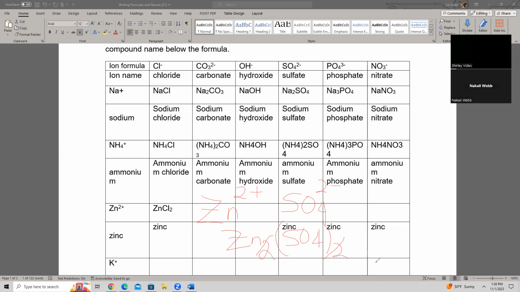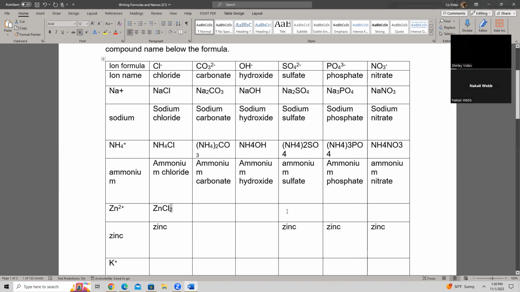So you can either do it this way. I like to do it on the actual charge itself. That way I don't have to rewrite the whole compound. So basically I say this 2 cancels out that 2, and that becomes a 1, right? So 1 to 1. All right, so let's clear that and rewrite the whole compound here.